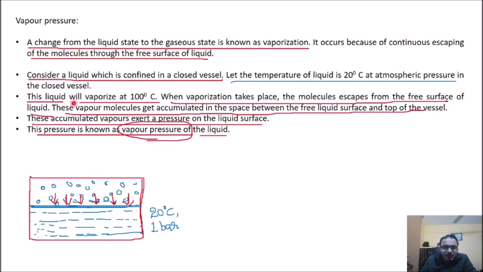The liquid will vaporize at 100 degrees Celsius. Now here, when vaporization takes place, molecules escape from the free surface and gather at the top part. This accumulated vapor exerts a pressure on the liquid surface, that is the free surface. This pressure is known as vapor pressure of the liquid.